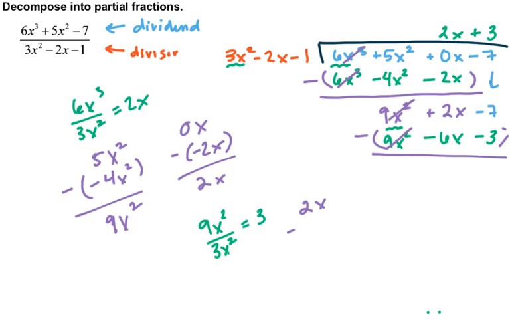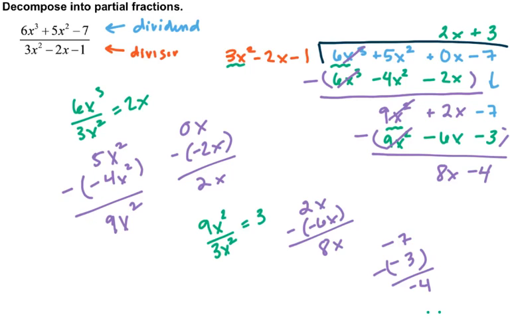I've got 2x minus negative 6x, which is plus 6x. So I have 8x. And negative 7 minus negative 3 is negative 7 plus 3. I've got negative 4. All right?